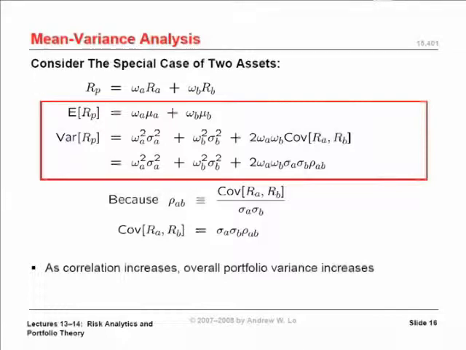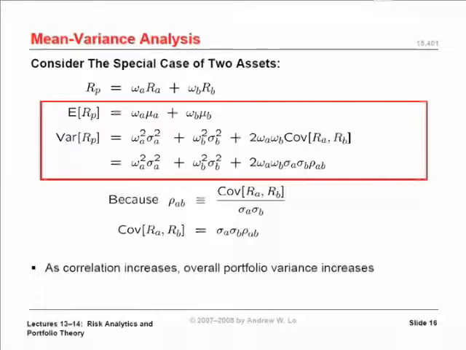And that is 2 times omega A times omega B times the covariance between A and B. Now you can do this in a 2 by 2 table, just like the n by n table. And with a 2 by 2 table, you know that you've got 2 diagonal elements and 2 off-diagonal elements. And that's where you get that number 2 for the 2 times omega A, omega B, times the covariance.